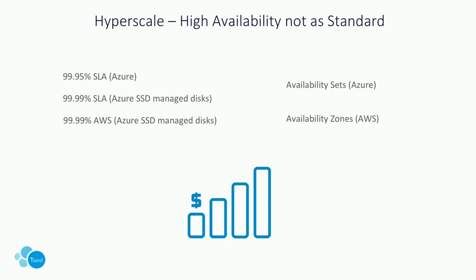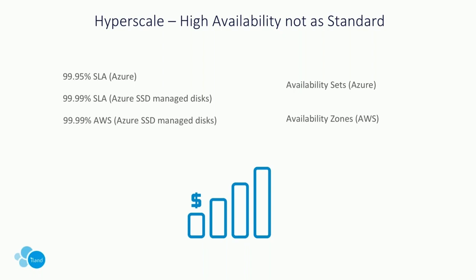So what I've put up here is just a bit of information around the SLAs that are provided by both Azure and AWS across the environment. You may have come across the concept of availability sets with Azure and availability zones with AWS. But this is essentially how you build in resiliency across the environment.